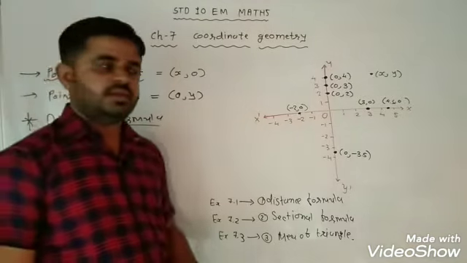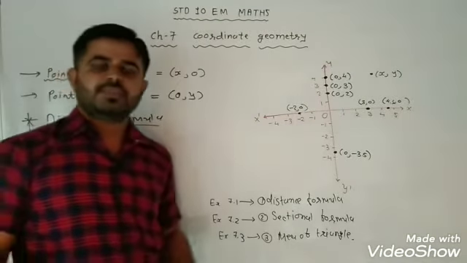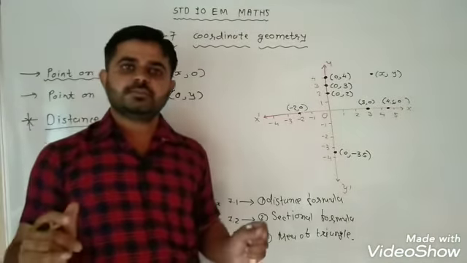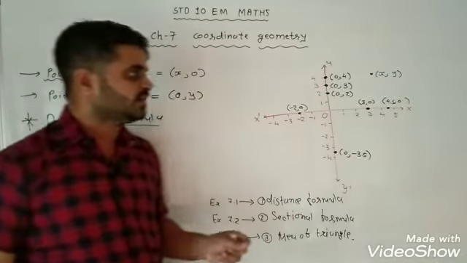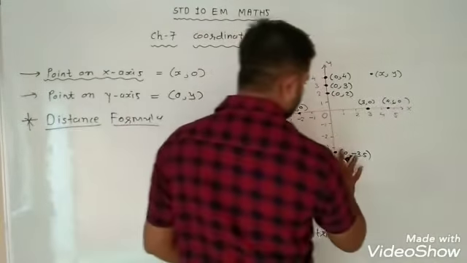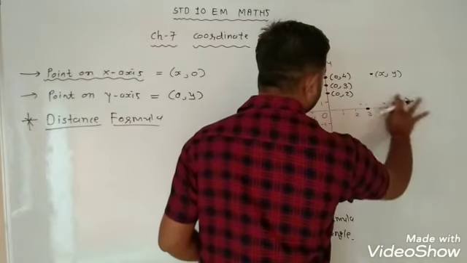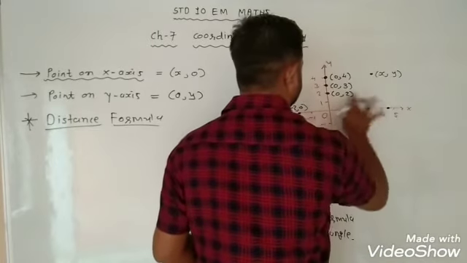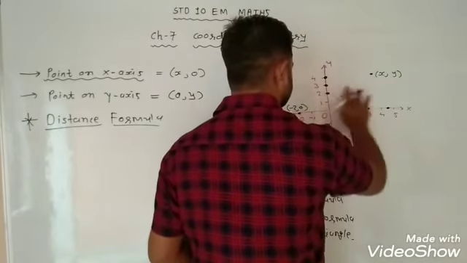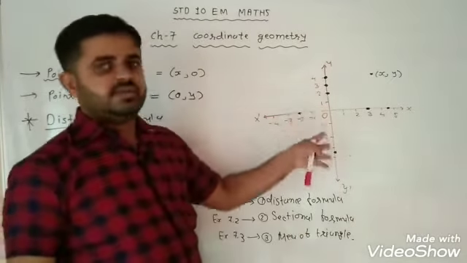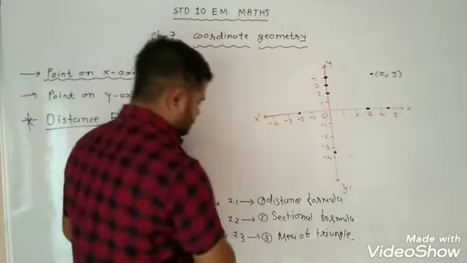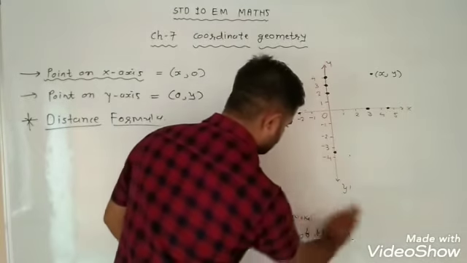Okay, give your attention here. The distance formula is that we can find the distance between any 2 points in the Cartesian coordinate system. Suppose I erase this right now, no need of it.